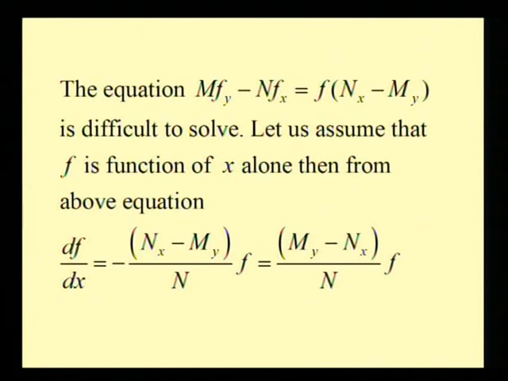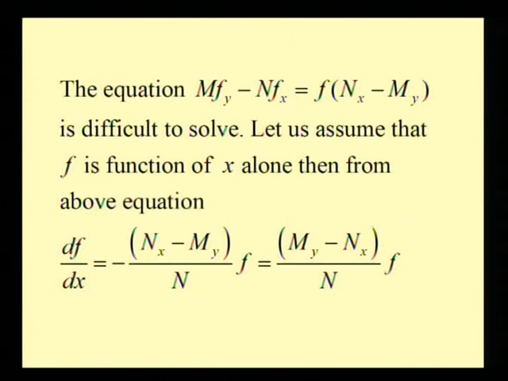The equation M f_y minus N f_x is equal to f into (N_x minus M_y) is difficult to solve in general. Therefore let us take some simplifying assumptions. Assume that f is a function of x alone, then this equation becomes simplified, and after simplification we get df by dx is equal to (M_y minus N_x) upon N, into f.